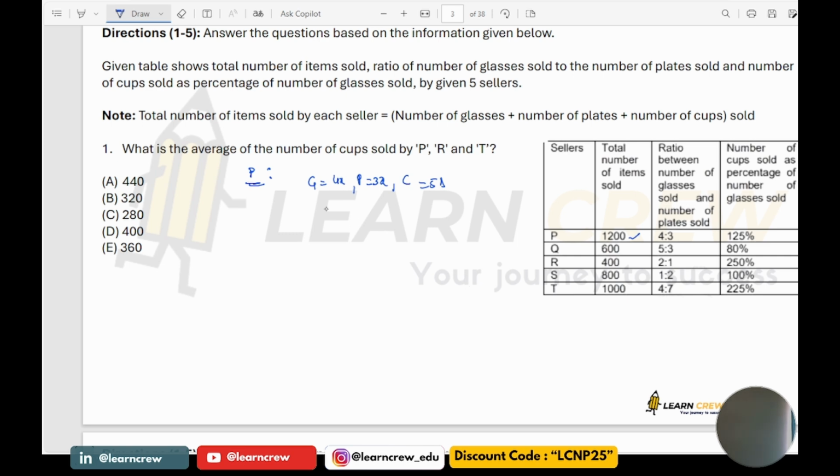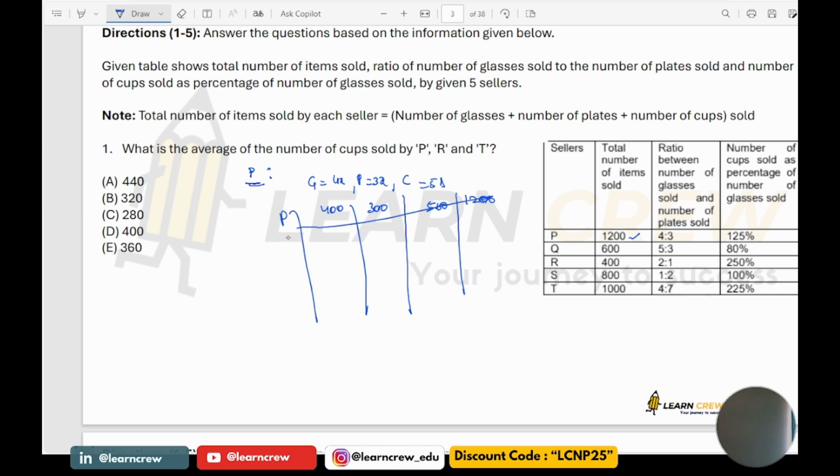Thereby you have 400, 300 and 500 as glasses, plates and cups. The total is 1200 for P.